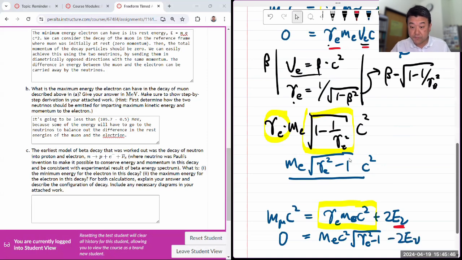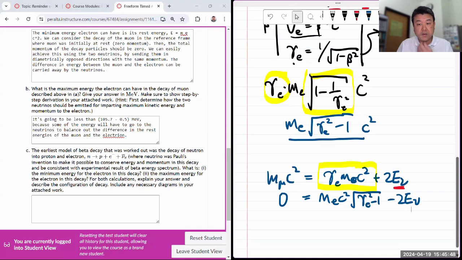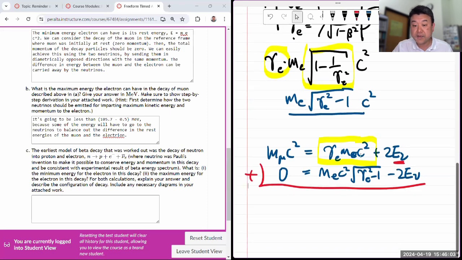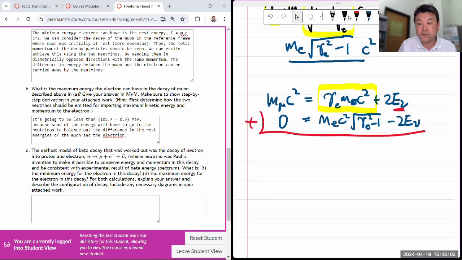Then I think we have only two unknowns. We have the energy of the neutrino that's unknown, and we have gamma e that's unknown. So I think the simplest thing to do is take these two equations and add them. That'll cancel out the neutrino energy, and I can move on from there.